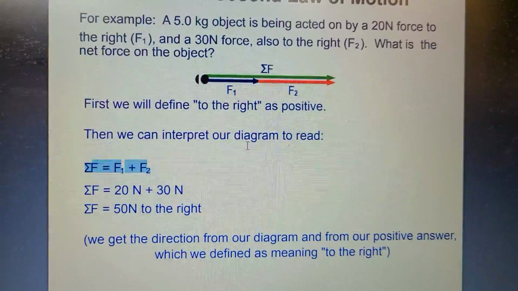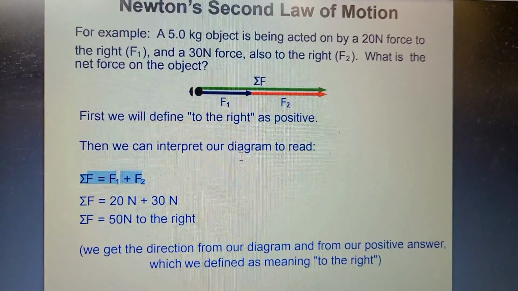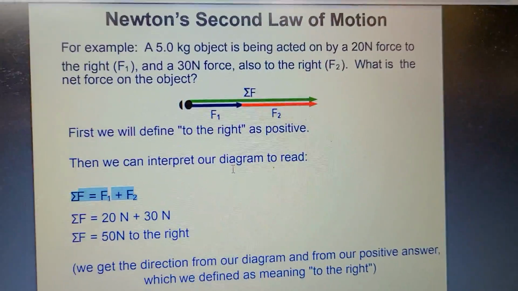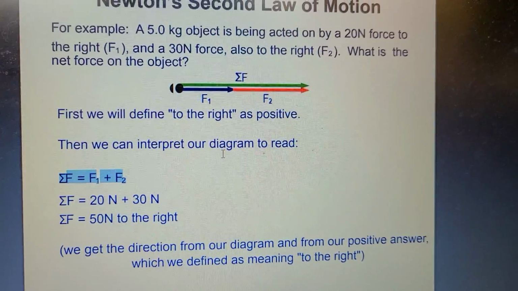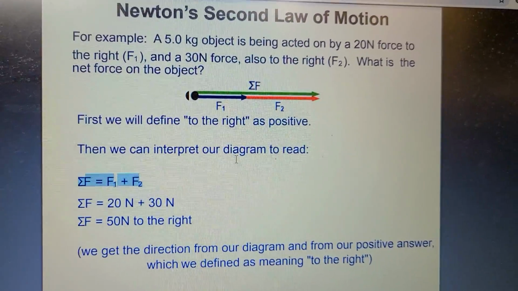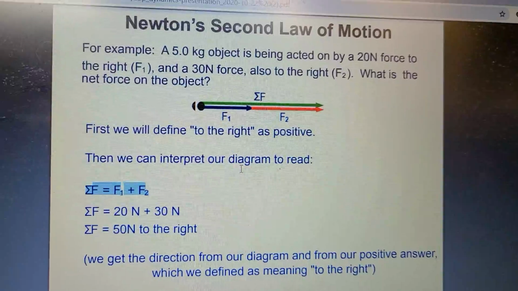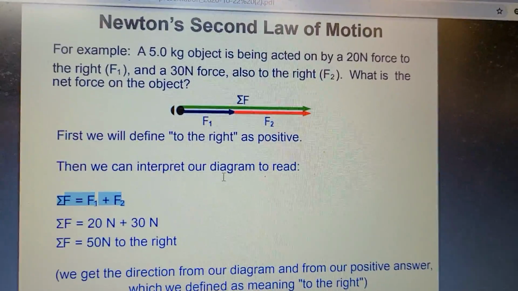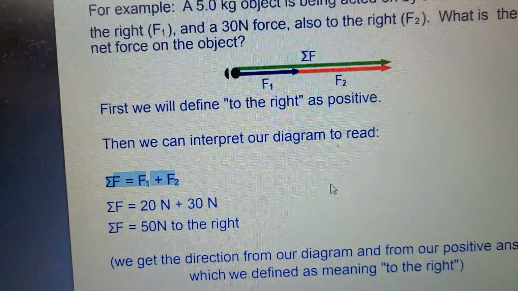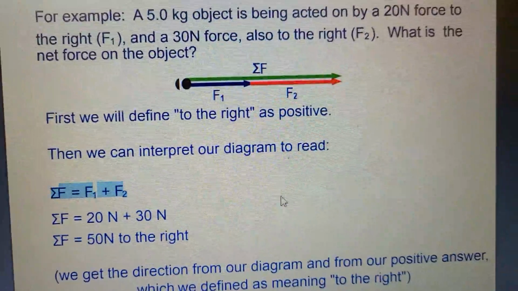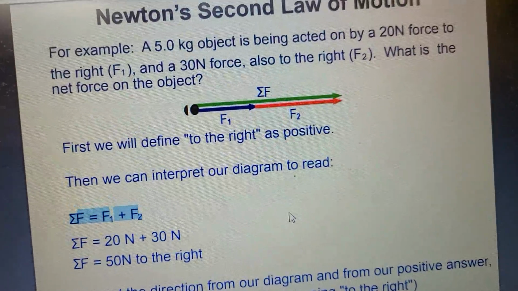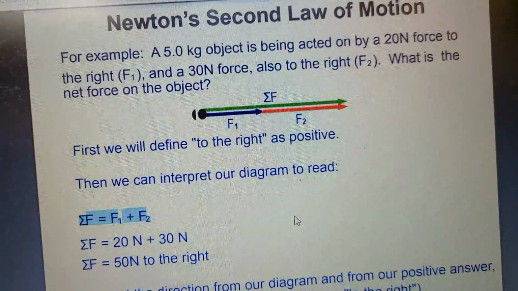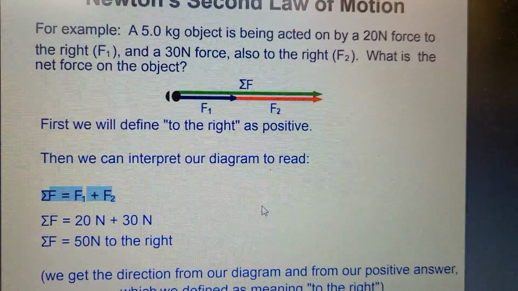That is the total. Realistically, we're not really looking for acceleration. If we were, what are we going to do with the 50 Newton to the right? Acceleration equals what? What equation will I be using? If the original equation is force equals mass times acceleration, what would I do to find acceleration?